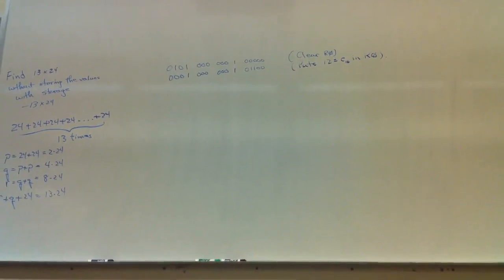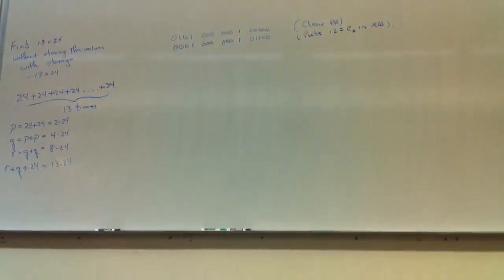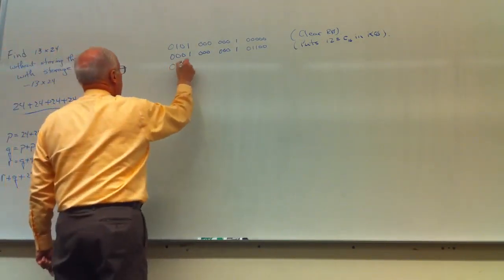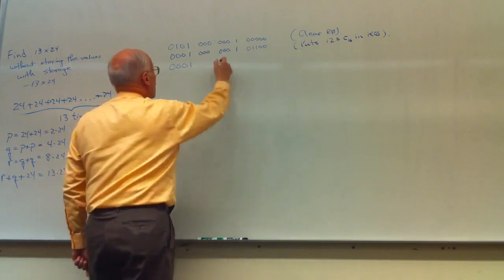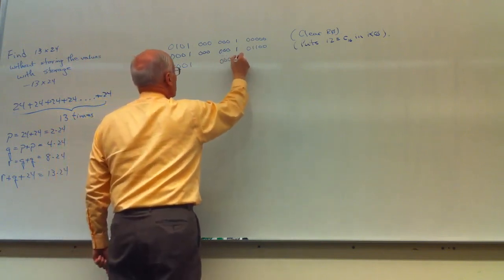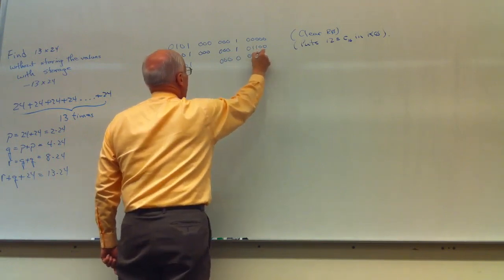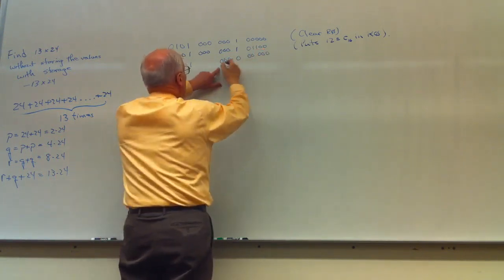Now the trick is I can now get 24 just by adding that to itself, rather than doing another immediate mode kind of thing. I'm going to take register 0, add to register 0.